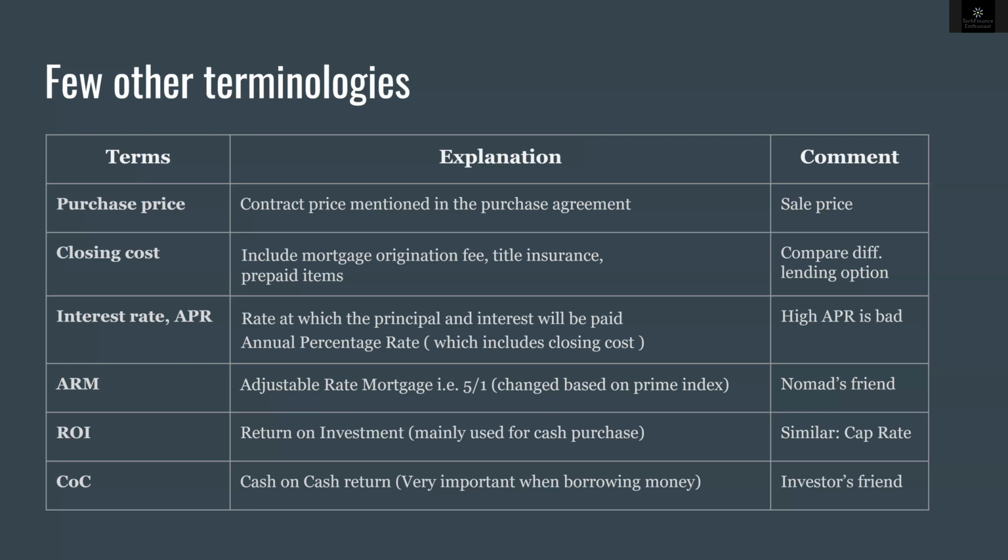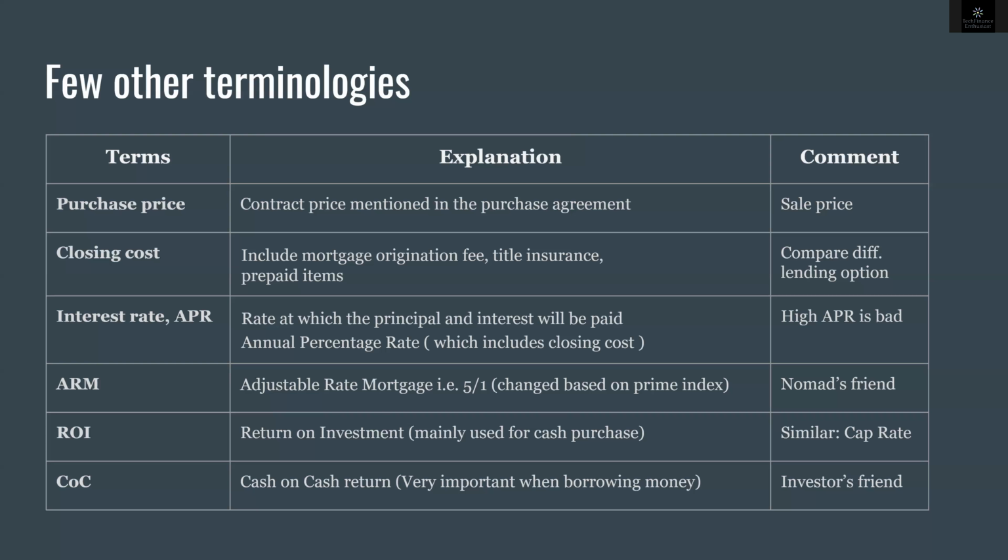So whenever you get a loan or mortgage for a property, then you need to put some sort of down payment, 20 to 25%. Since you are not paying the full amount by cash, you want to consider how much down payment and also closing cost you are paying. In that case, you want to find out the cash on cash return.